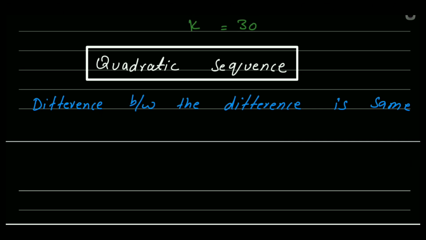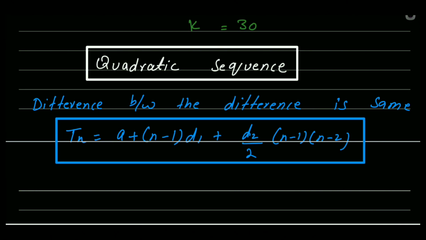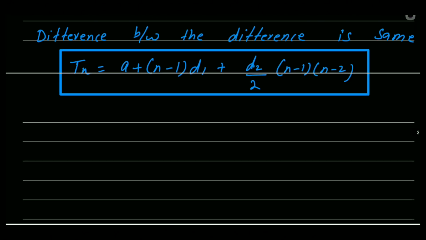Okay, so what is the formula of quadratic sequence? We will write it as Tn, and it will be a plus (n minus 1) d1 plus d2 over 2 into (n minus 1)(n minus 2). So this will be the formula of quadratic sequence.